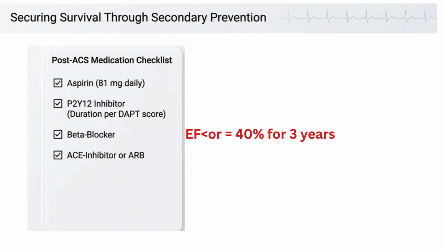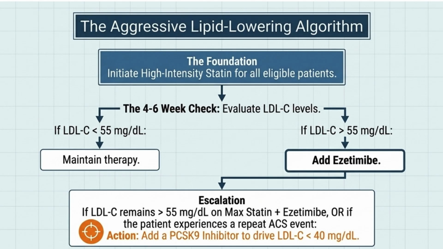ACE inhibitors or ARBs are strongly indicated if the patient has a left ventricle ejection fraction equal to or less than 40%, hypertension, chronic kidney disease, or diabetes. High-intensity statins like atorvastatin 40 to 80 mg or rosuvastatin 20 to 40 mg are indicated for all patients post-ACS regardless of baseline lipid panel numbers.